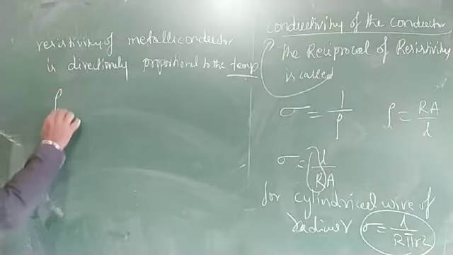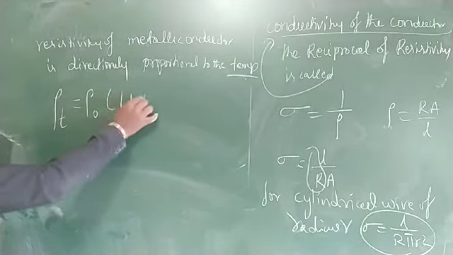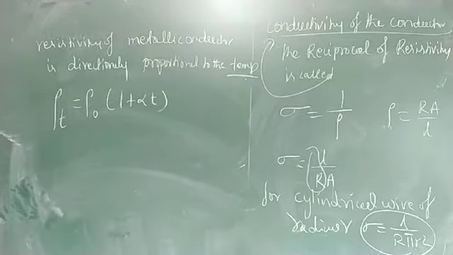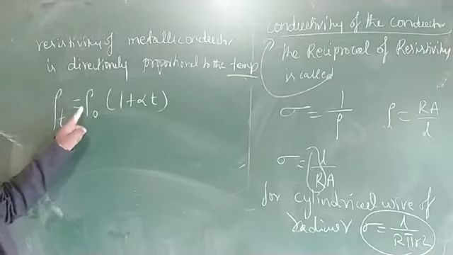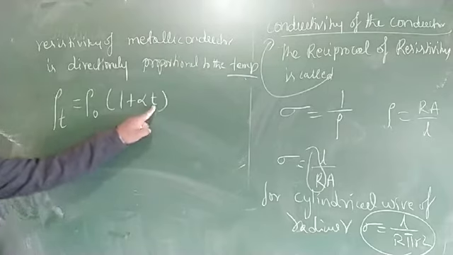That can be written as rho of T is equal to rho naught into 1 plus alpha T.